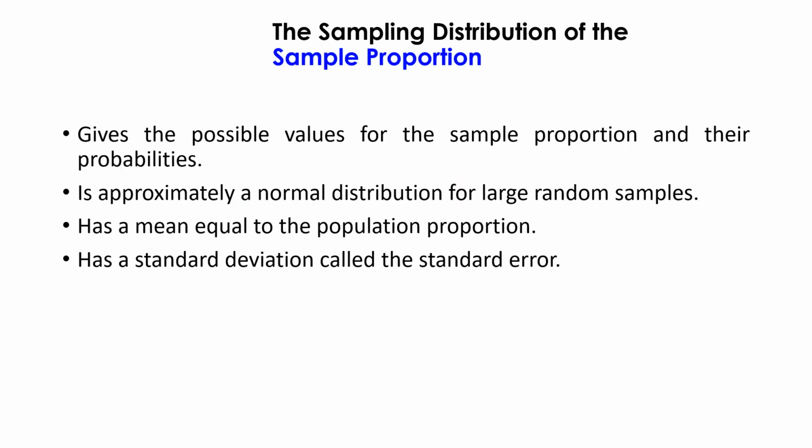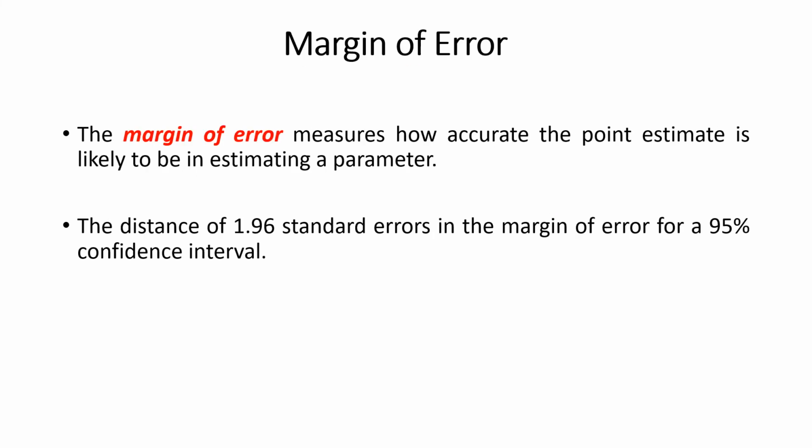The sampling distribution of the sample proportion gives the possible values of the sample proportion and their probabilities. It is approximately normal for a large random sample. It has a mean equal to the population proportion and a standard deviation called the standard error. The margin of error measures how accurate the point estimate is likely to be in estimating the parameter. A distance of 1.96 standard errors is the margin of error for a 95% confidence interval.